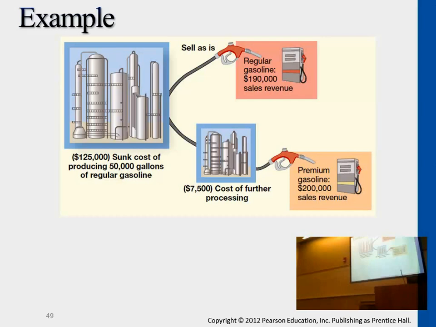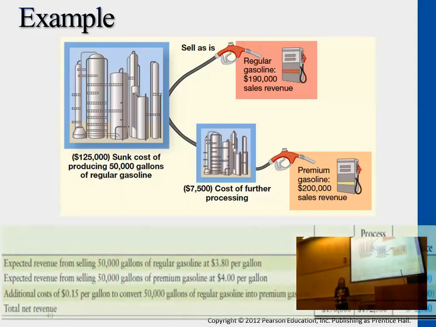Processing further, because you're spending $7,500, but you're getting more out of that, $200,000. And $200,000 compared against $190,000, the difference was $10,000. So you have increased revenue of $10,000 there, and your cost really is just an additional $7,500.